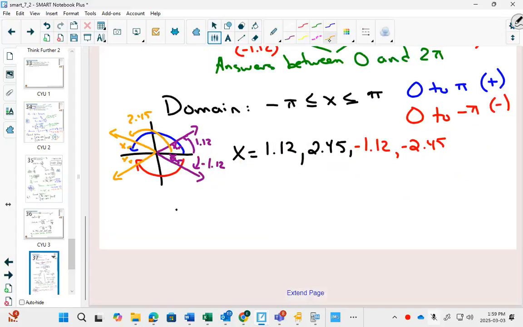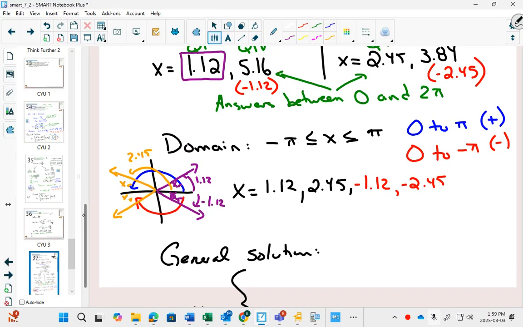And finally, for the general solution, if you look at the end of this section and the textbook's answer, they're going to write all 4 of them and use those negatives. Me personally, I like to use the ones I found between 0 and 2 pi.